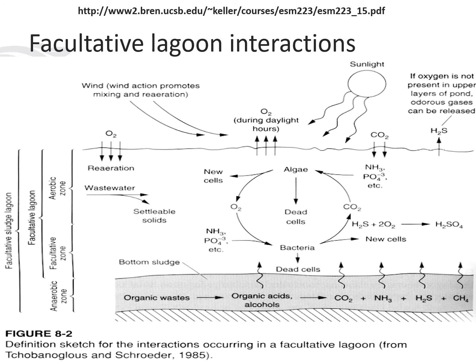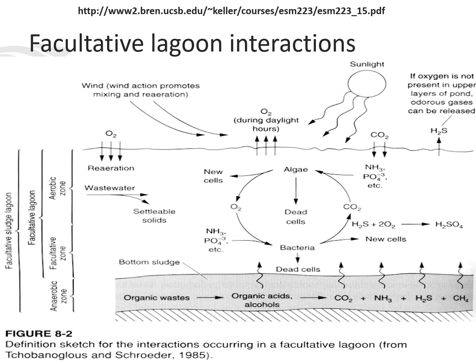This release of oxygen during the daytime is due to the algae. Algae is a plant, and it releases oxygen during daytime. So when algae are present here, they release oxygen to the environment.